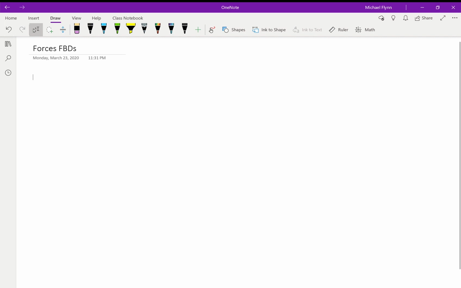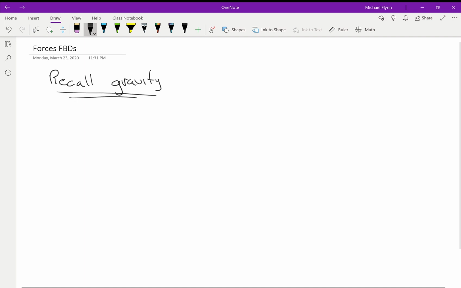We already talked about one of the forces that I'd like to talk about today, which is gravity. So just recall that the force of gravity is equal to your weight. The force of gravity is given by m times g, where g is equal to 9.8 meters per second squared.